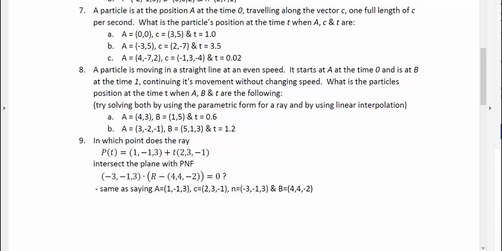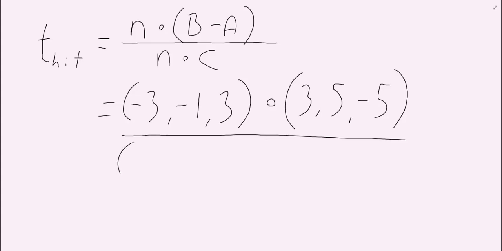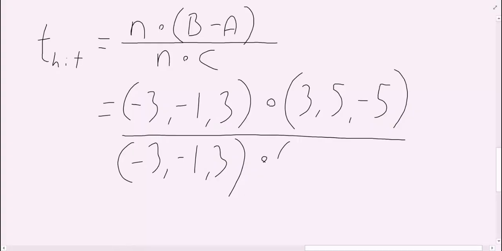So we have (3, 5, -5), divided by n, (-3, -1, 3), dot the vector c from the ray, (2, 3, -1).